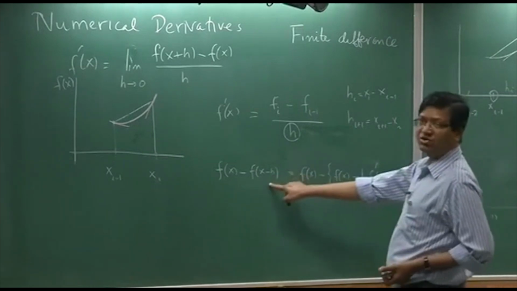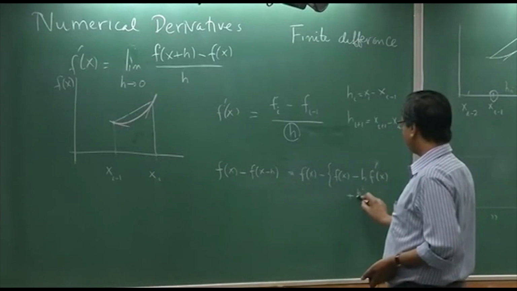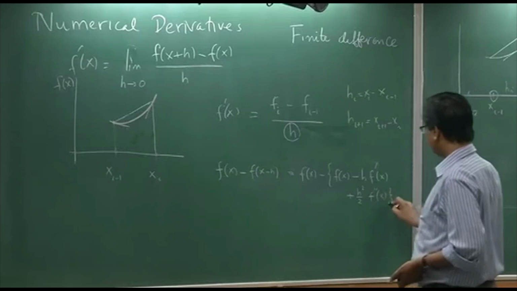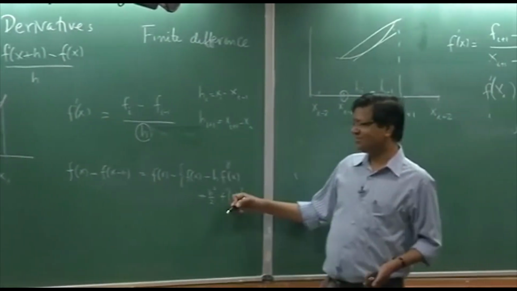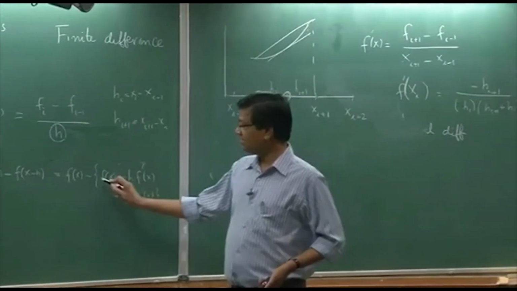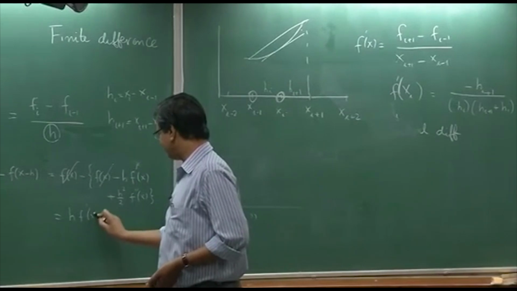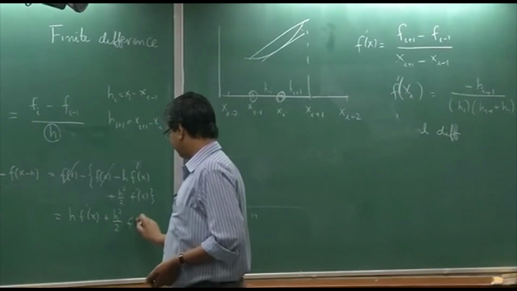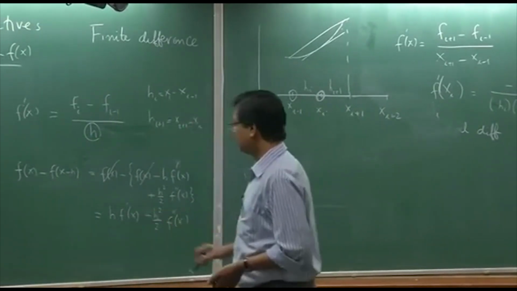Now, the next order term is h squared by 2 double derivative. I will stop, there are higher order terms, but my error is here. This will cancel and I get h f prime of x plus h squared by 2 f double prime.